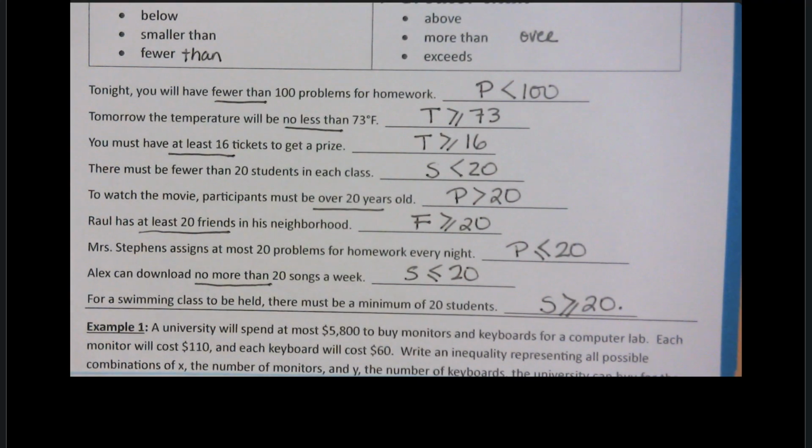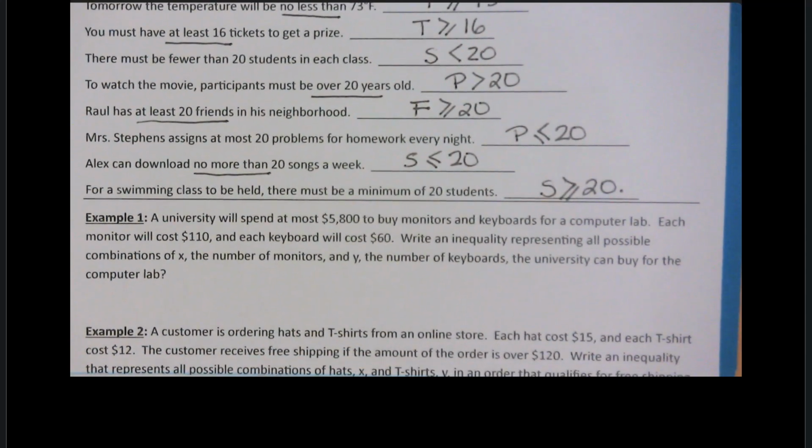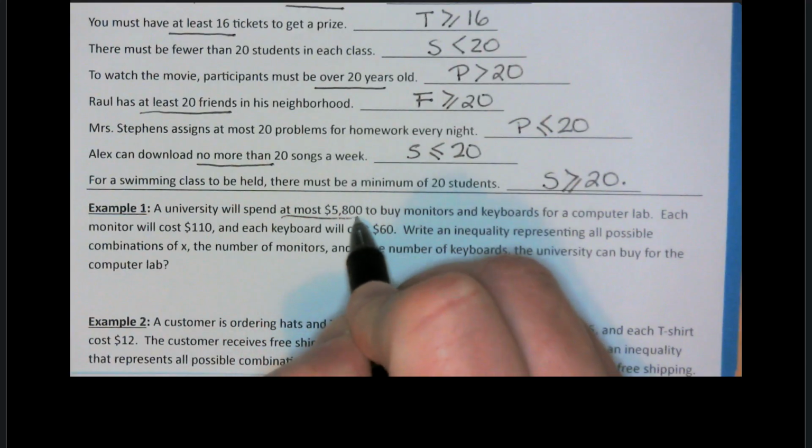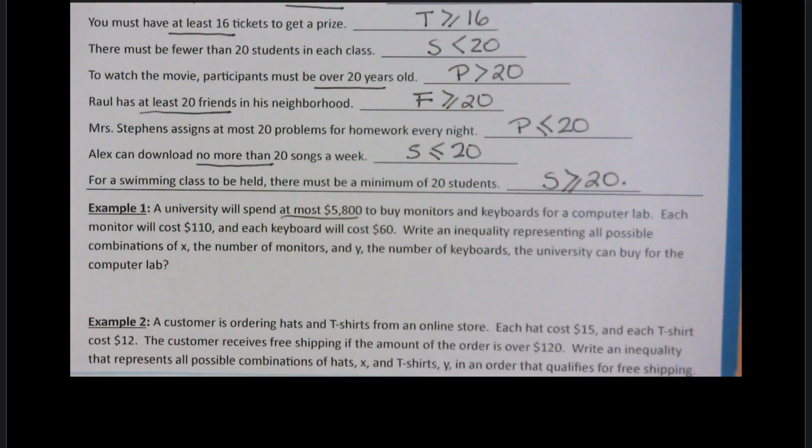Very good. Let's look at some problems here. A university will spend at most $5,800 to buy monitors and keyboards for a computer lab. Each monitor will cost $110 and each keyboard will cost $60.